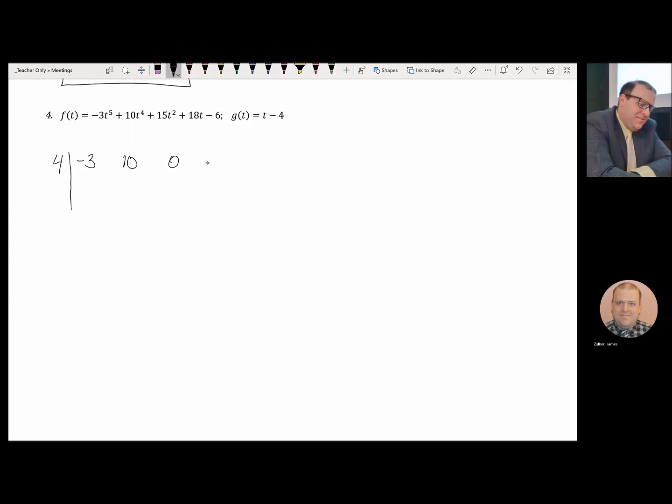Now what? 15. So to answer your question, yes, if there are missing terms, the coefficient is 0, so you write zeros out for them. Just not like -6 at the end, that would be a 0. The only zeros you don't need are the zeros that occur before the leading term. So you don't have to worry about the t to the 6th, t to the 7th, because it's degree 5.